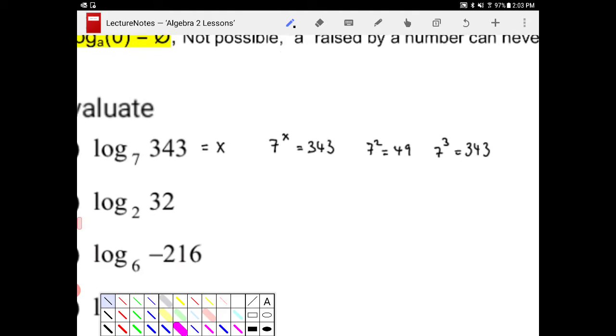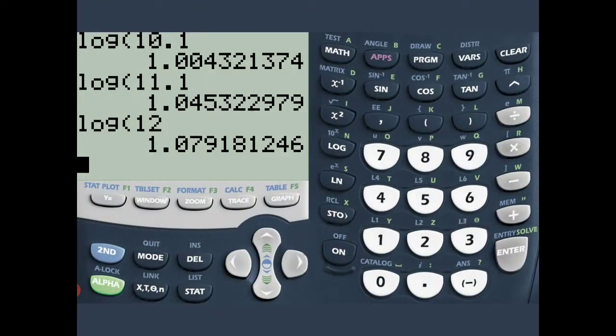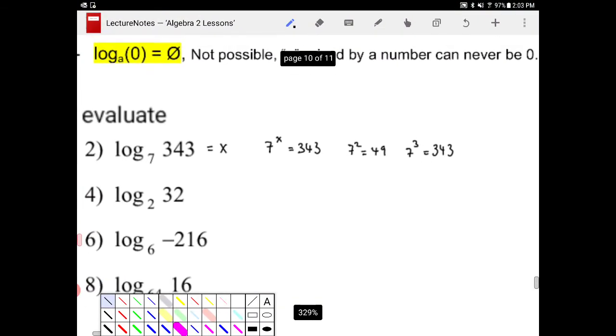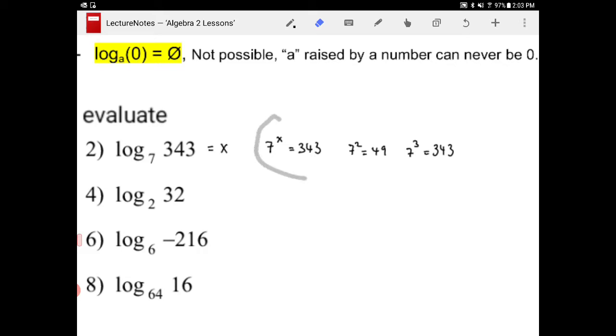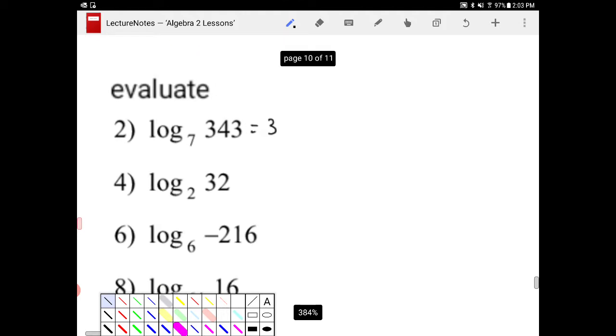And if you want to confirm that, let's do a quick check here. 7 to the third, as a matter of fact, it is 343. All right, so therefore, x must equal 3. So again, the most convenient logical thing to do is to rewrite this as an exponential equation.